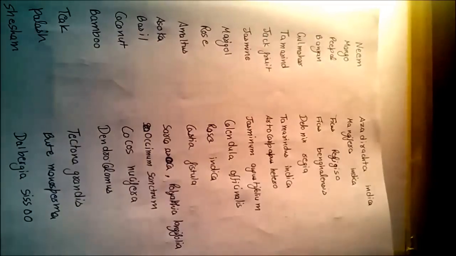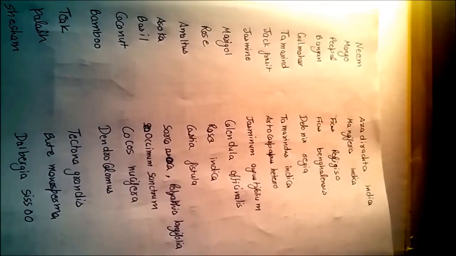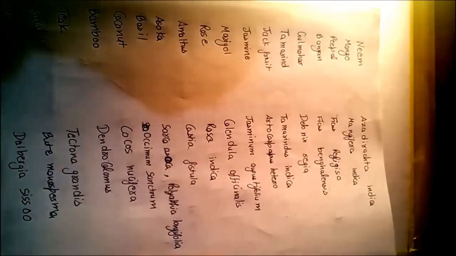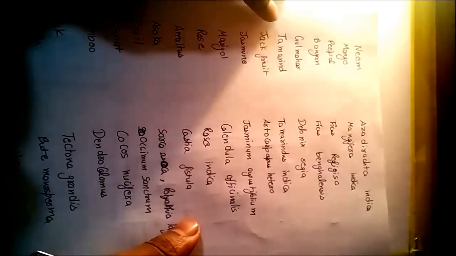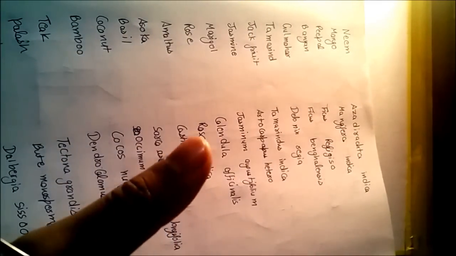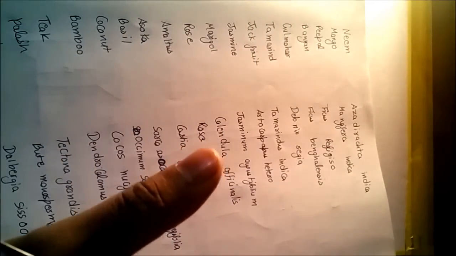Okay, now coming to the botanical names for the landscape. These are the trees and their botanical names. I'm not going to say you learn these names, because as the question comes in objective type, I will make you learn here right now. We have to just remember the main words, so that when we see that name there, we can easily find out the main one.